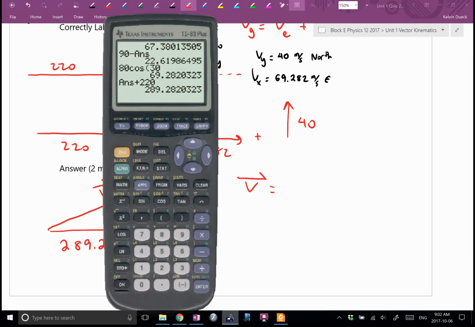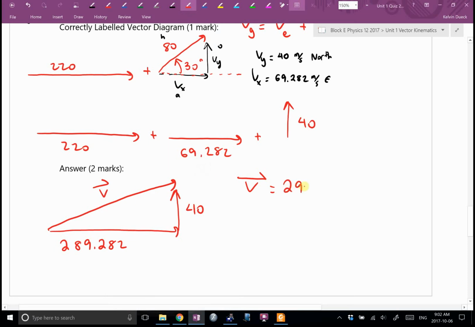So when I do Pythagoras, it's going to be this squared plus 40 squared equals the resultant squared, so the resultant is about 292 meters per second at, and I need a theta. It's going to be tan theta equals 40 over 289.282.